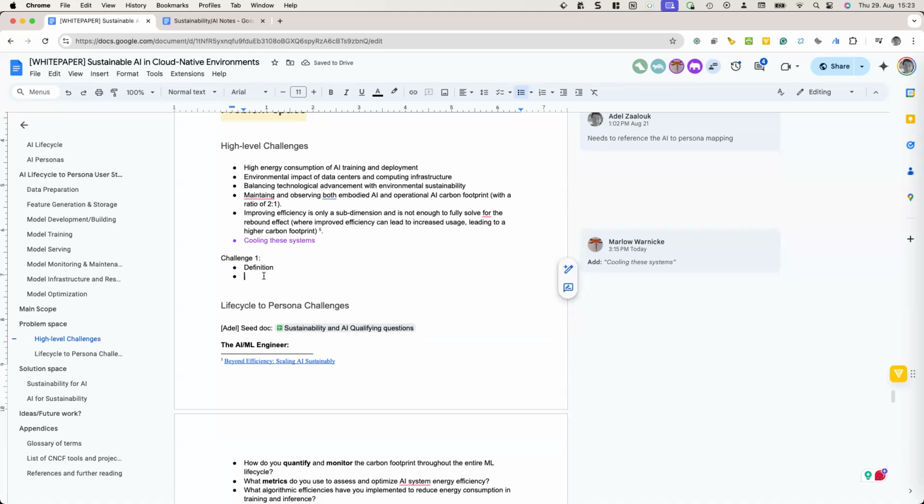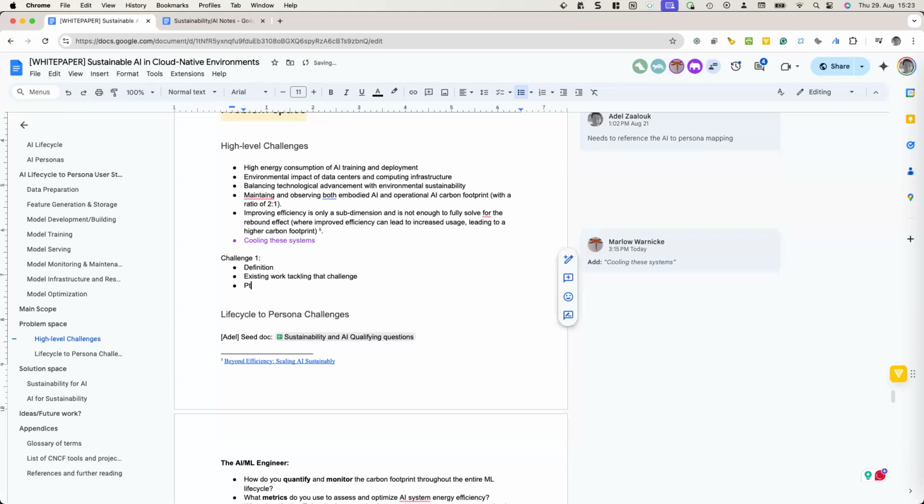So here we describe the challenge, briefly if we want, then existing work tackling the challenge, and potential remediation.